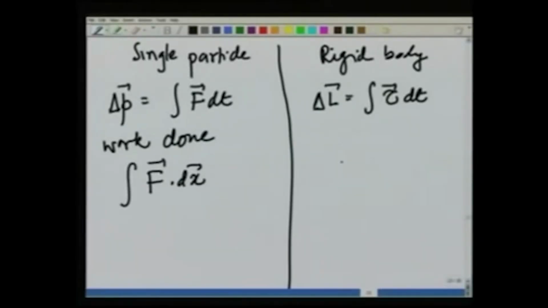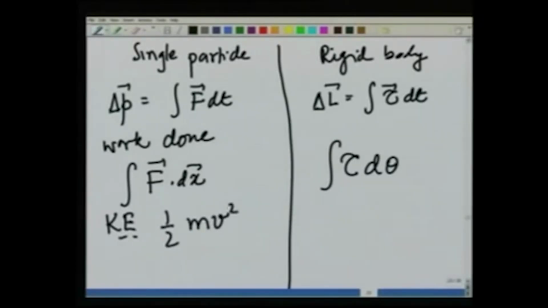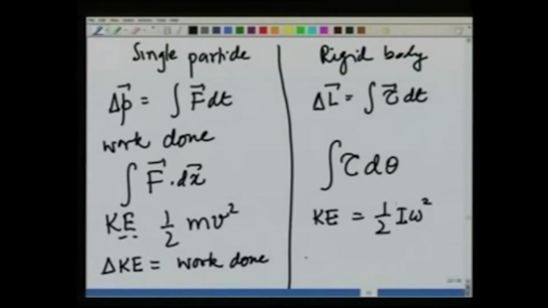In this case, considering again the case of a single axis, it is integral of tau d theta. Kinetic energy is 1/2 mv square. Kinetic energy in this case we derived was 1/2 I omega square. Work energy theorem tells you that delta KE is equal to work done. Same thing here, delta KE is equal to work done.